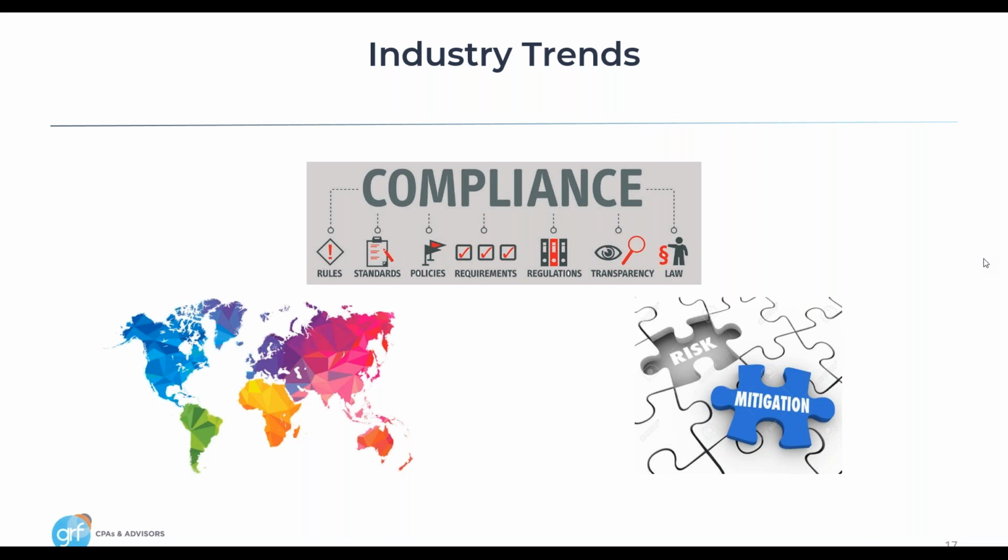But there's also local compliance as far as tax compliance, uniform guidance compliance, compliance with U.S. government rules and regulations, foreign government rules and regulations, and any other regulatory compliance areas that really need to be adhered to by the organization.